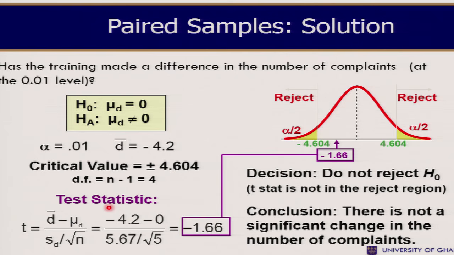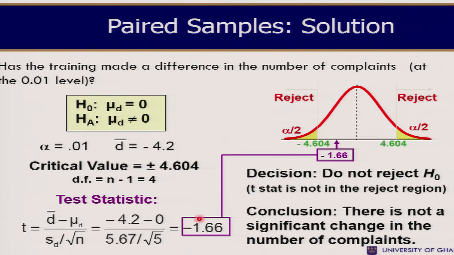We have a test statistic that says d bar minus μd over the standard deviation divided by the square root of n. That gives us -4.2 minus 0, since we are assuming that H naught is true, divided by 5.67 divided by the square root of 5, and that gives us -1.66.